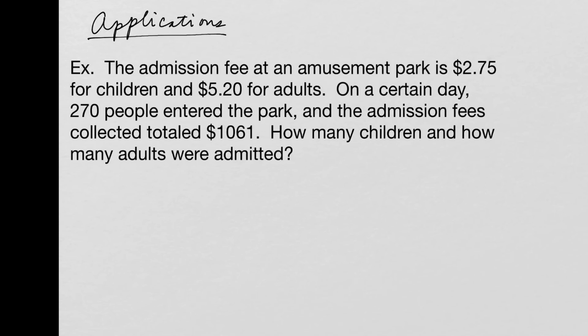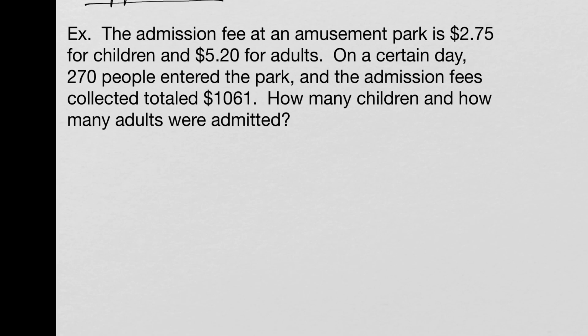You could use x and y, but to make it more applicable to this problem, let's call A the number of adults, and C the number of children. Okay, so give variable names to your unknowns. So A is the number of adults, C is the number of children.